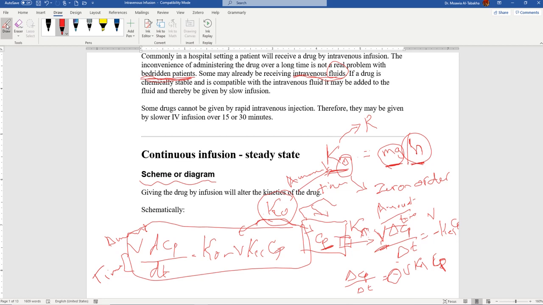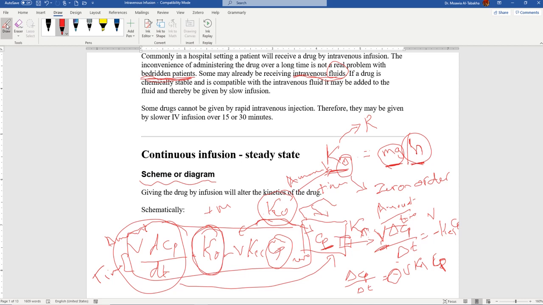Before we go further, you will notice that at the beginning, at time 0, what is the concentration? Just the drug wants to enter. At that moment the concentration is 0. So what you will have is positive. The change in drug concentration in the central compartment, or let's say one compartment, will be positive.